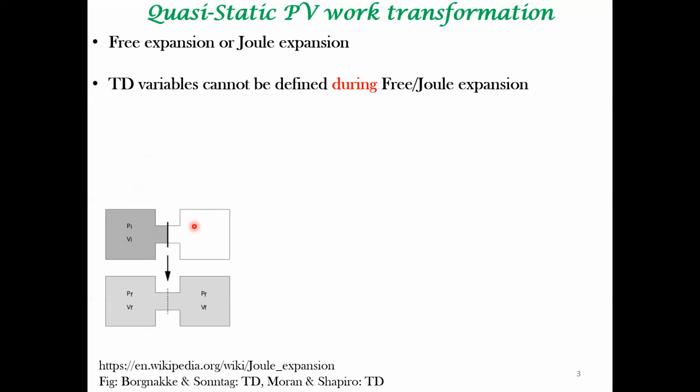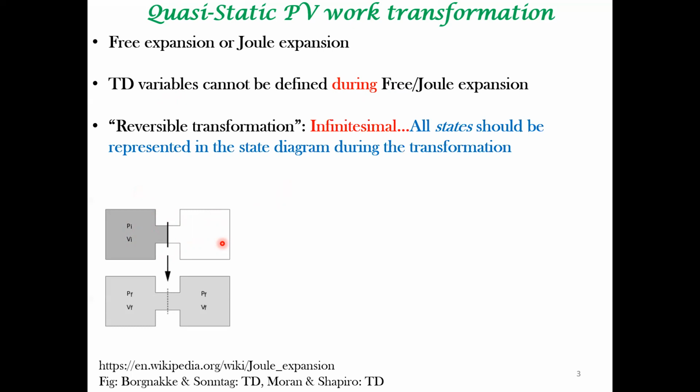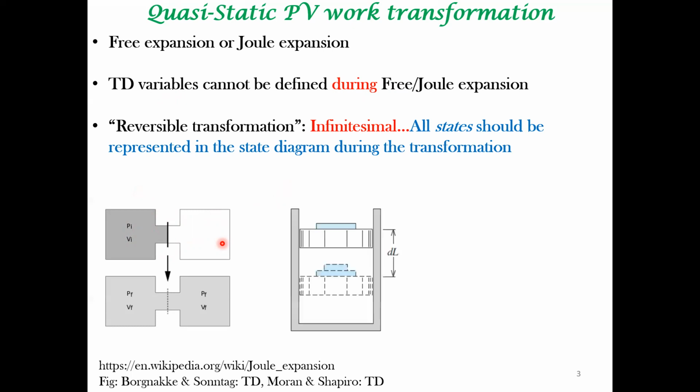So when we are thinking about PV work transformation, this is not the kind of transformation we are talking about. What we are talking about is reversible transformation. I'll emphasize two points. One, it being infinitesimal. What does it get us? Supposing in the initial state, the pressure inside is balanced by a weight.